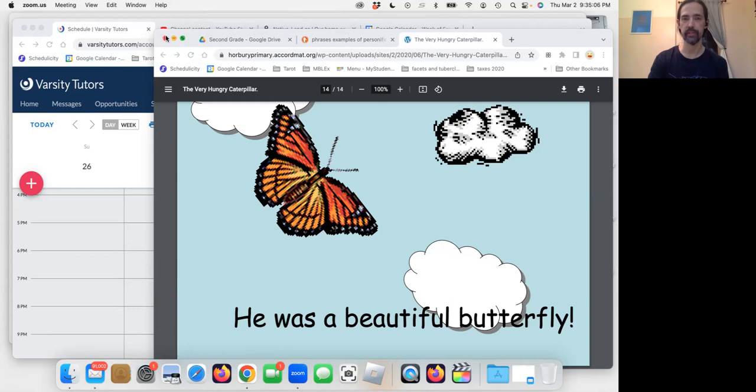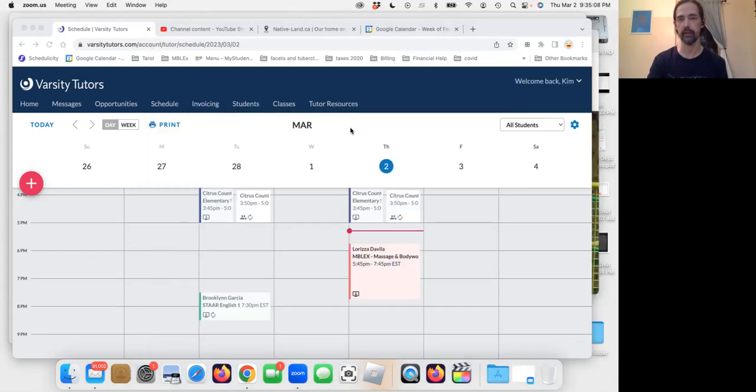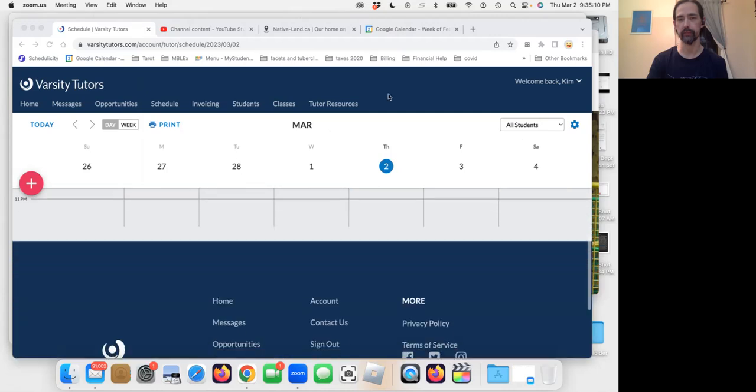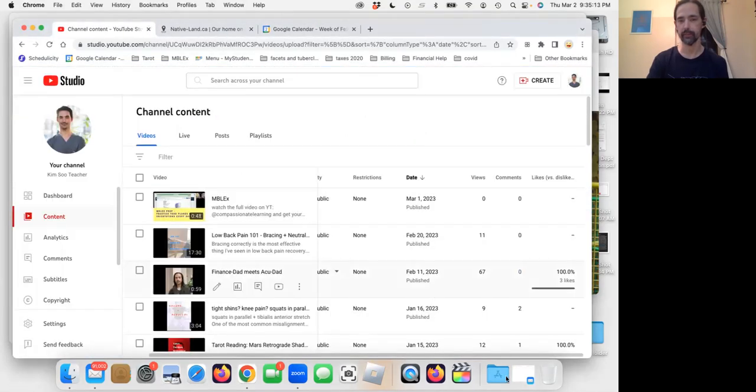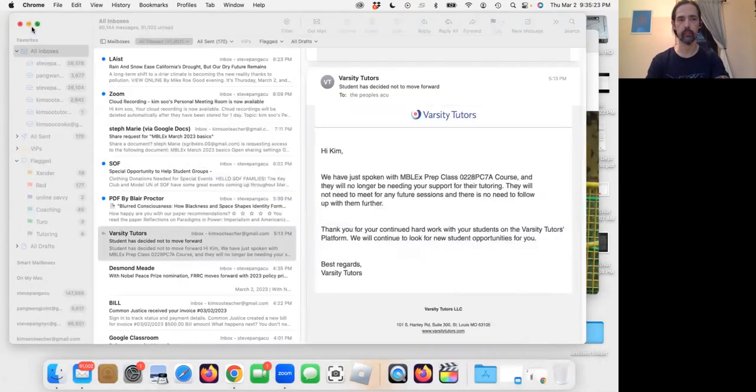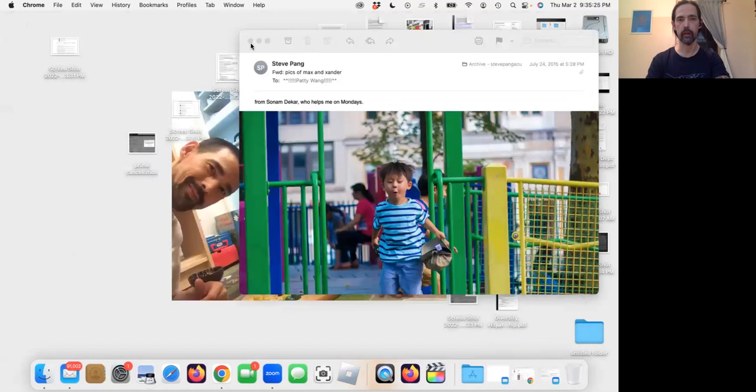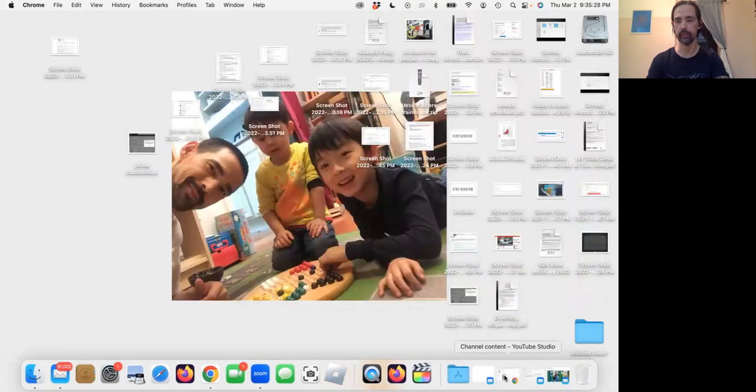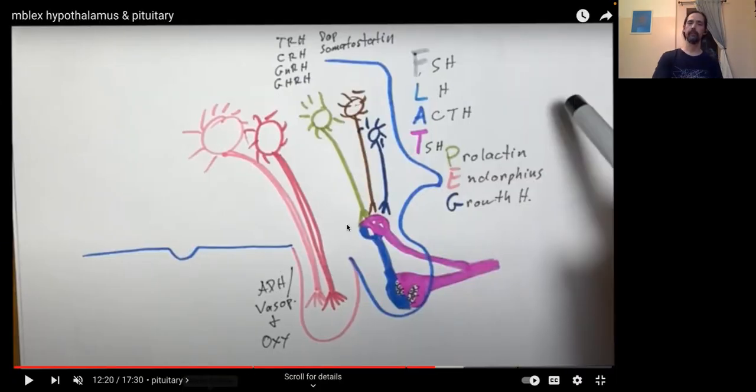You know, I don't just teach MBLEx. Oop, gotta edit this out. It's not supposed to see that. Okay, I've used a computer before. God.